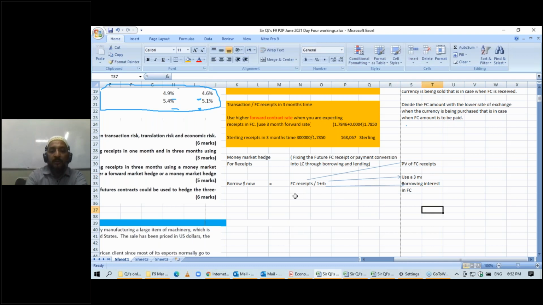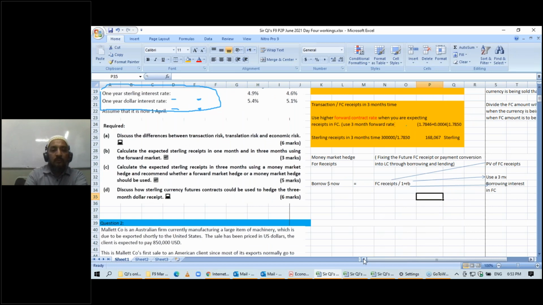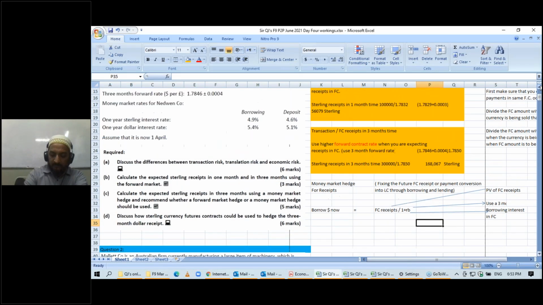So what will you be doing? First of all, the currency you are borrowing is in dollars, right? So check the rate. What's the borrowing rate in dollars? Pick that rate first. The borrowing rate in dollars is 5.4%.